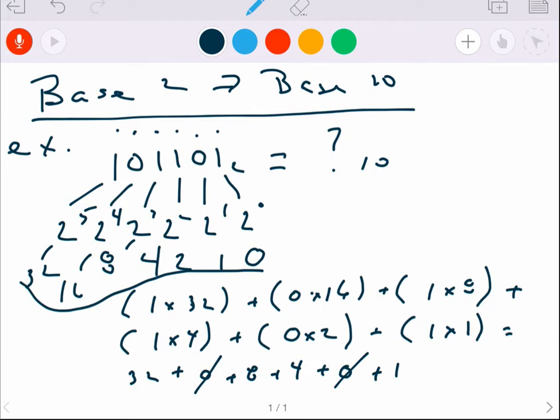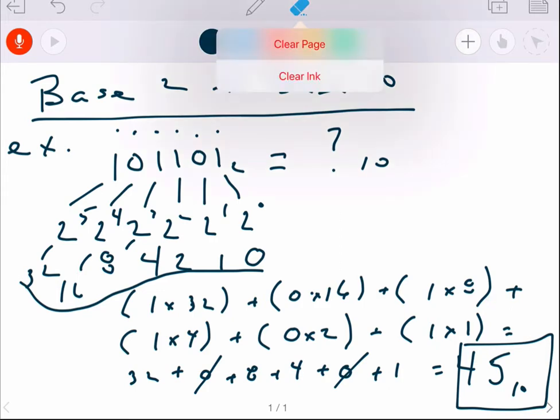And then if you add these all up, you should get 45 base 10. So 101101 in binary is 45, or how you would represent 45 in binary.